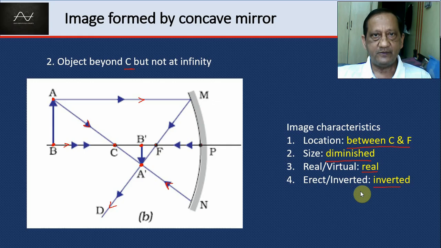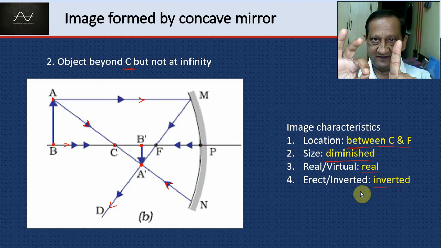So just stop for a moment and think. When the object was at infinity, the image was at the focal point. All right. As we bring the object closer, the image has gone away from the mirror. It was earlier at the focal point. Now it is between focal point and C. And this trend will continue for some time.